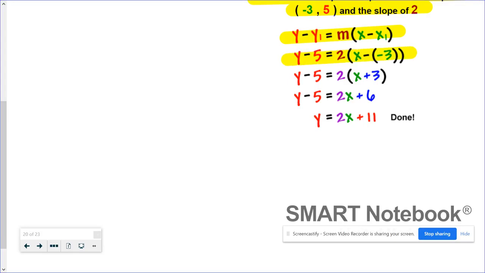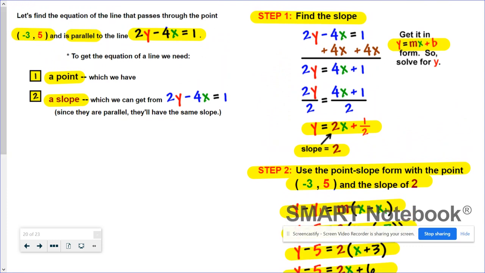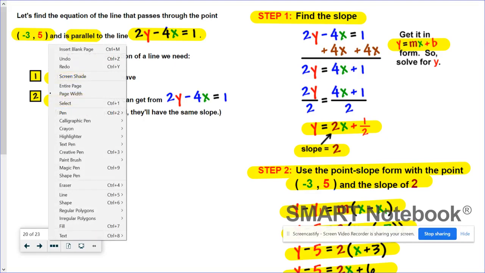We simplify it a little bit, and then we distribute on the right and get y by itself. So the final answer here is y equals 2x plus 11. So in such a problem, we need to first find the slope of the given line, and then we can use point slope form to find the equation of the line described.